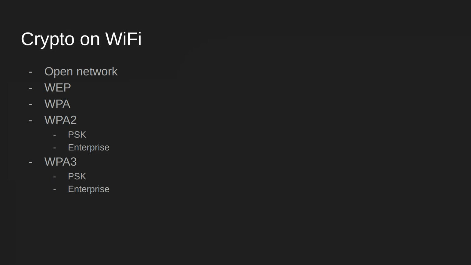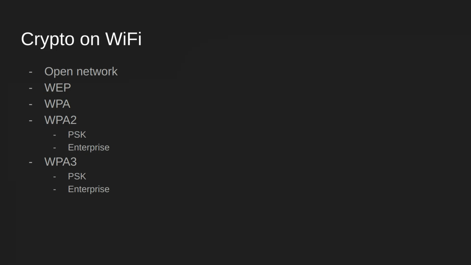WEP is a very, very old standard from before 2004. It's really, really broken. I don't think anyone uses it anymore. It's completely compromised. With a pretty cheap laptop and a few minutes, you can break into a WEP network.